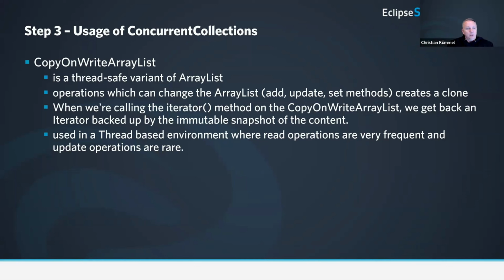The next step would be the reentrant read-write lock, and step 3 is using concurrent collections. And last but not least, now with the GigaMap, the GigaMap will also take care of concurrent accesses, not in the alpha version, but in one of the next versions. This is a feature we are currently working on.